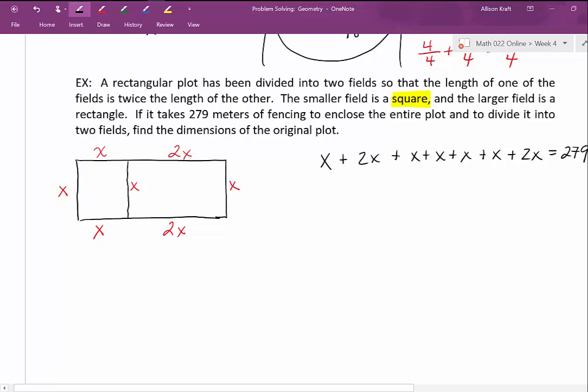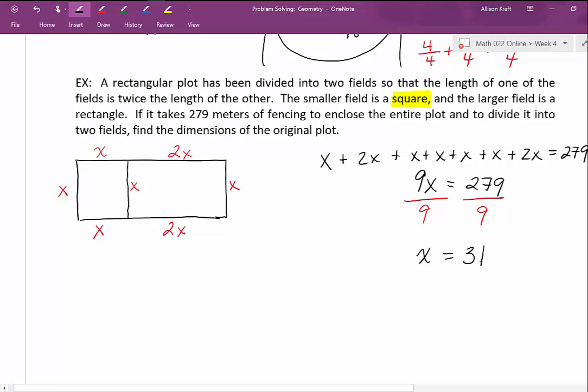To solve, we want to combine our like terms. It's 3, 4, 5, 6, 7, 8, 9x is equal to 279. Solving for x, I'm going to divide by its coefficient. We end up with x is equal to 31.